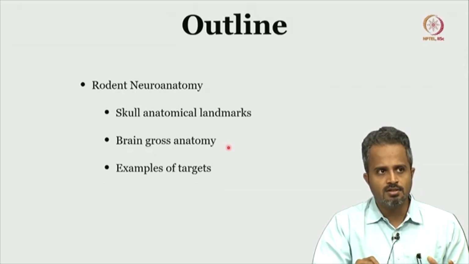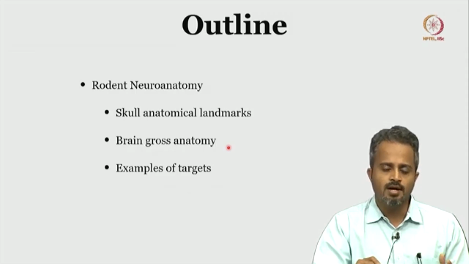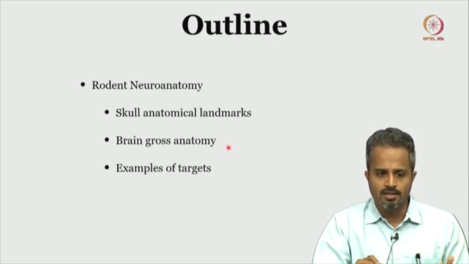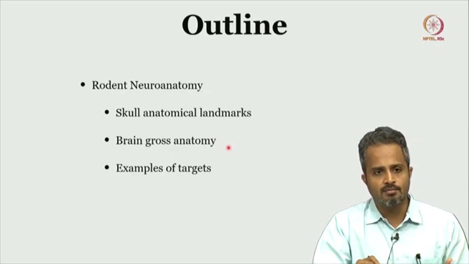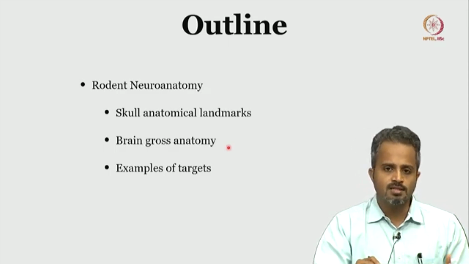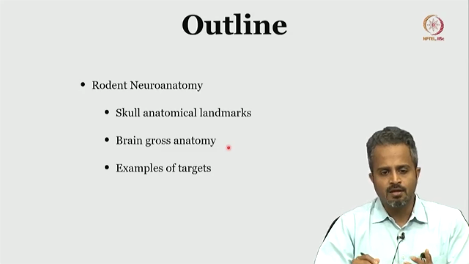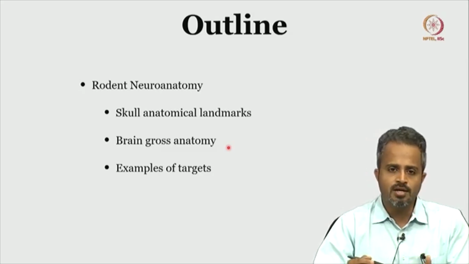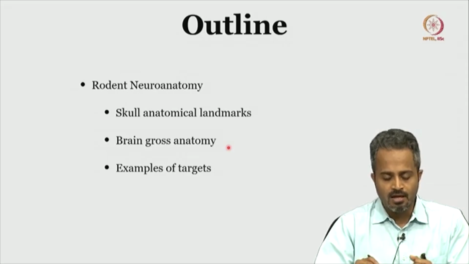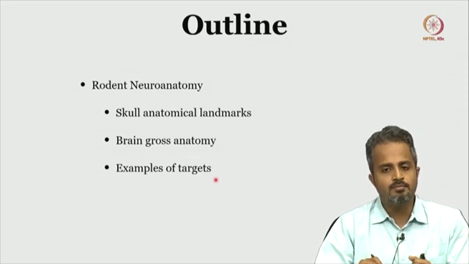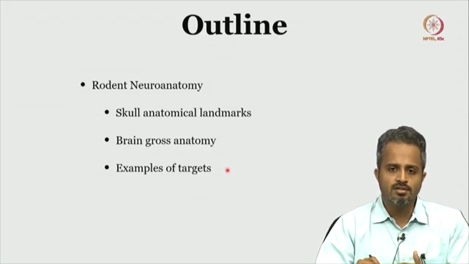I am using the word rodent here because mice and rats share a lot of anatomical features, so what is being considered here is mostly rat anatomy, and some of the slides also have mice anatomy. Overall, the cerebral structure and the various components of the brain are more or less similar. Then I will give you brief examples of the targets, and then we will continue with rodent neurosurgery in the next lecture.